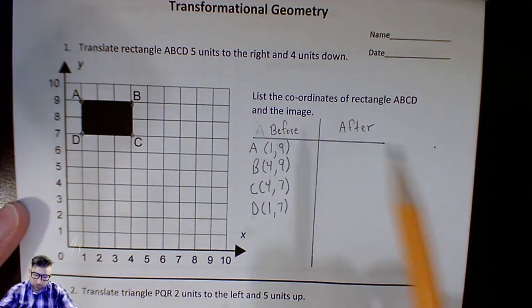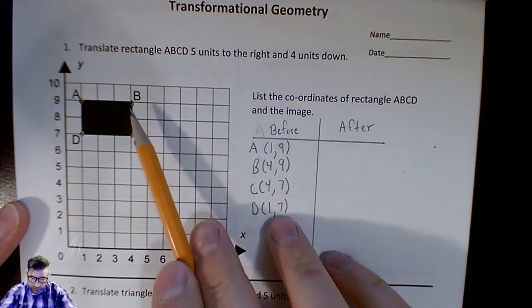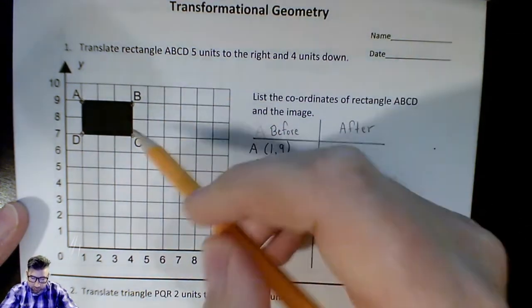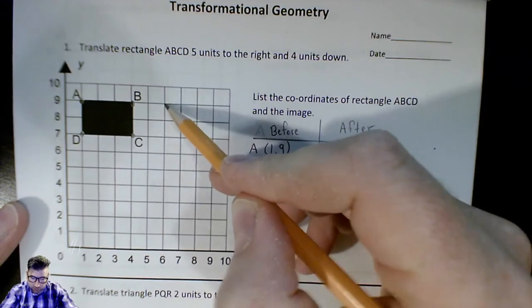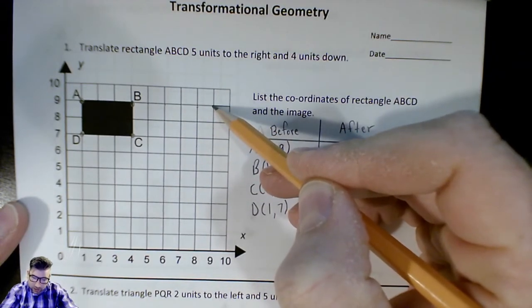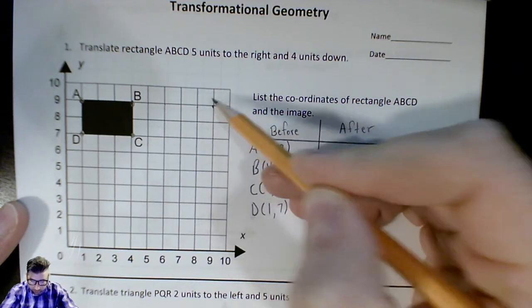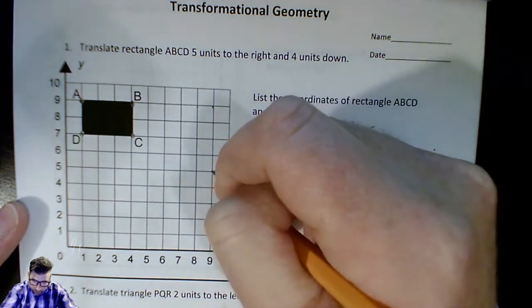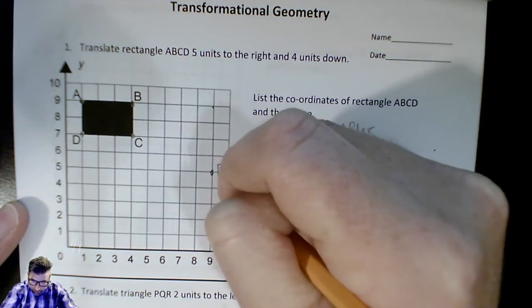So let's work with vertex B here, and we're going to move it 5 units to the right and 4 units down. So B, we're going to go 1, 2, 3, 4, 5, and then it says 4 units down. 1, 2, 3, 4. So that is where B is going to end up.